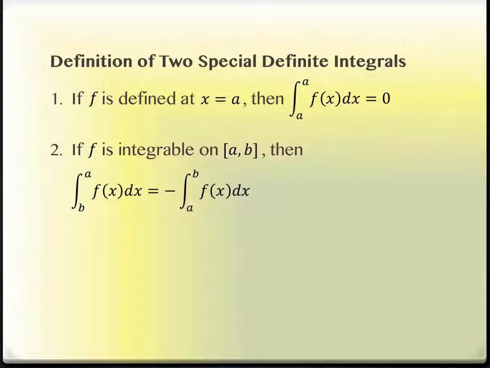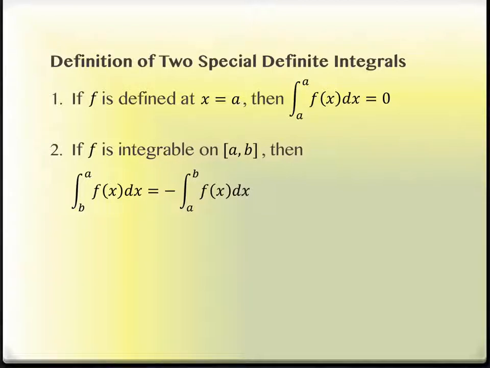Now that should make sense. Because if you start and you end at the same spot on the graph, do you have any area? No, there's no width. So that one's pretty good. I mean, like you start and end at A, you're not going to have any area. There's no shaded region.